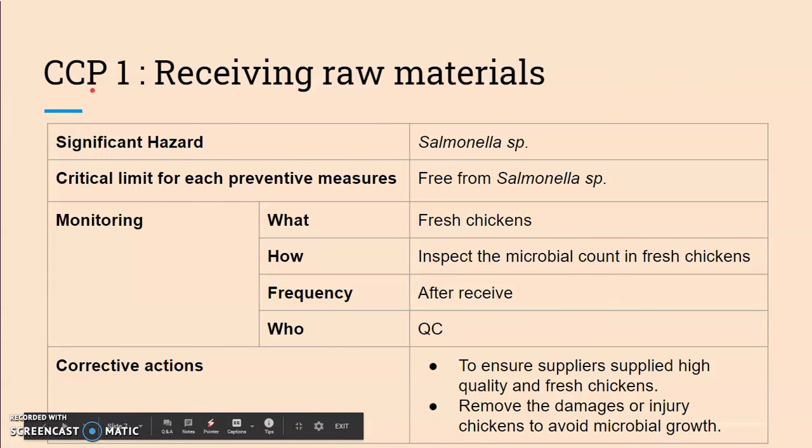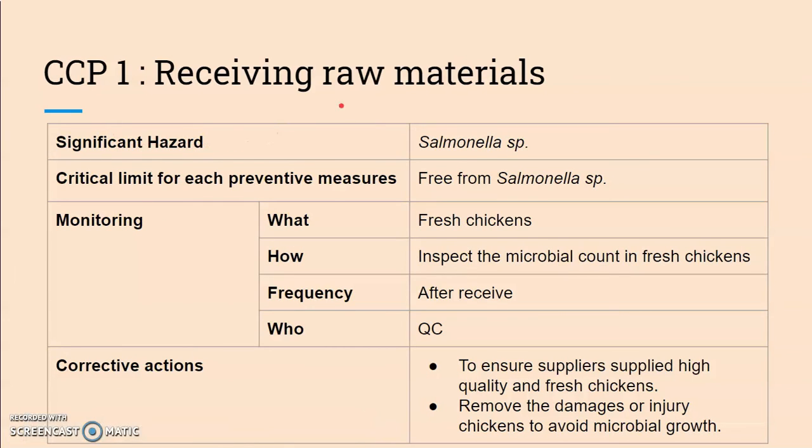For CCP1, receiving raw materials, the significant hazard is Salmonella species, and the critical limit for the preventive measure is free from Salmonella species. Monitoring, for what: the fresh chickens; how: inspect the microbial count in the fresh chickens; frequency: after we receive the raw materials; and who: the QC, quality control.